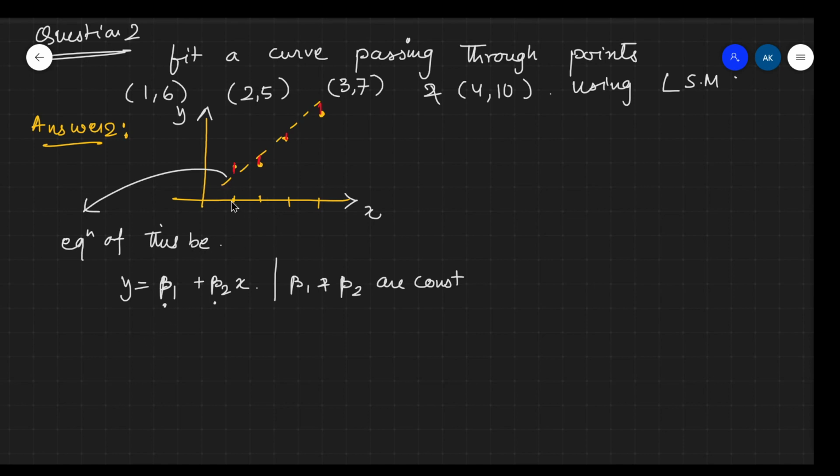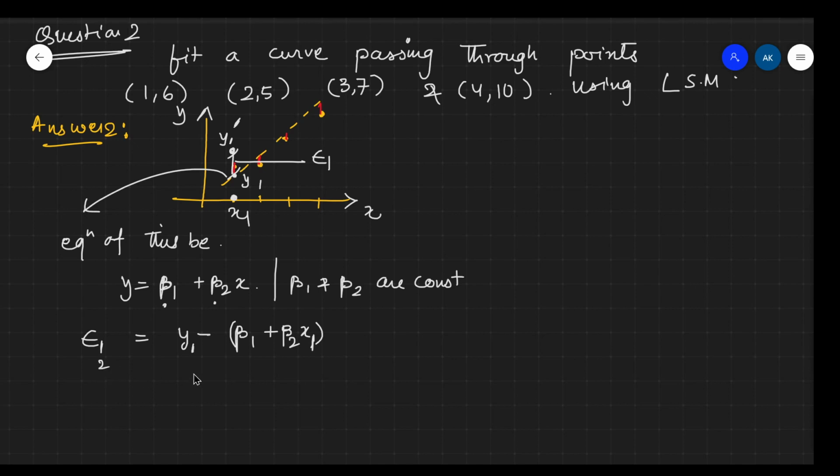So at this point x1, here will be y1 and here will be your y1 prime, and you will have to find this error. This is epsilon 1. How to find epsilon 1? Epsilon is y minus (beta 1 plus beta 2 x). If this is 1, this is x1.